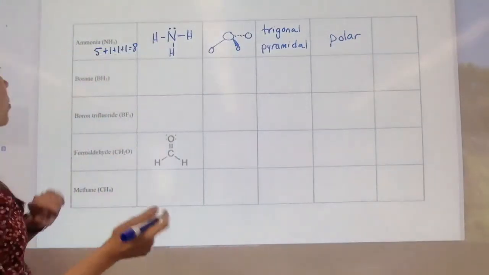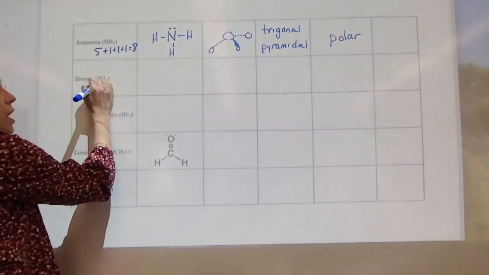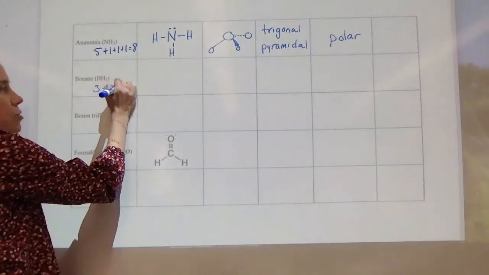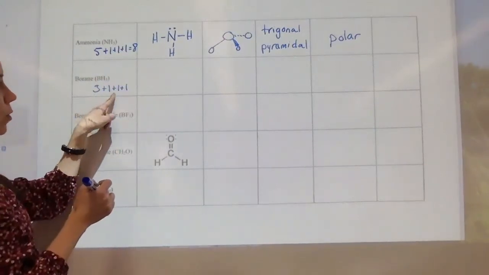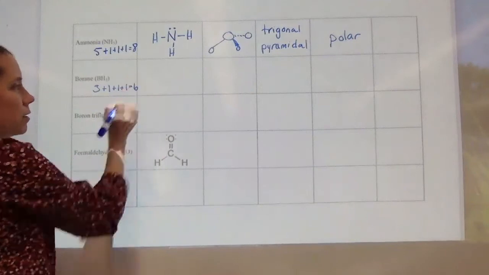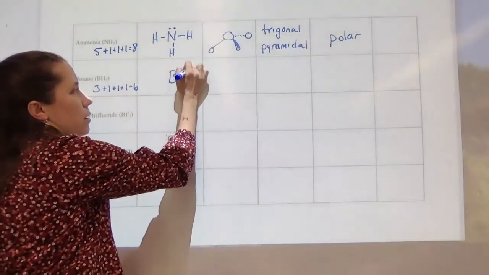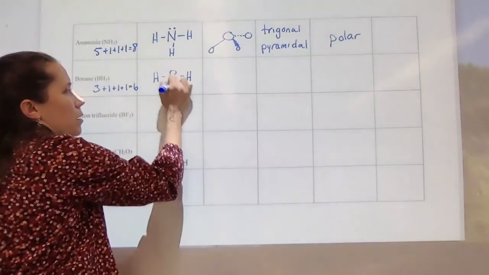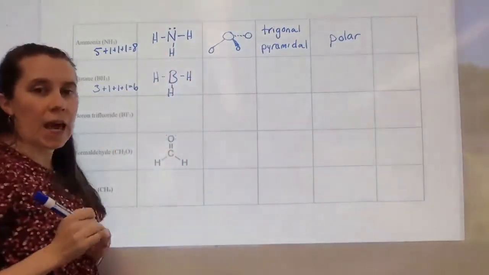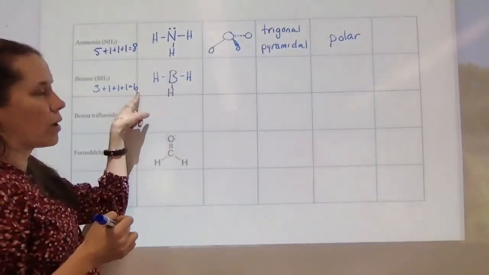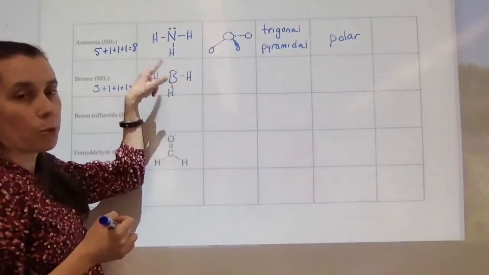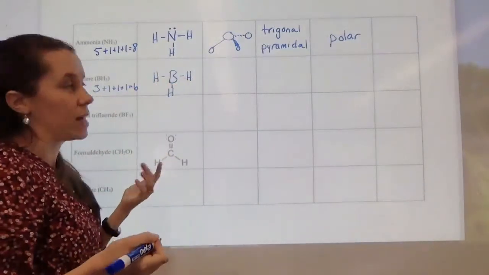All right, borane is boron, which has 3, and then 3 hydrogens. Okay, so 3, 4, 5, 6. Okay, so you'll notice boron is one where we have an exception. It starts out looking like NH3, but we don't have extra electrons to fill boron. So boron never gets full, it only ever has 6.